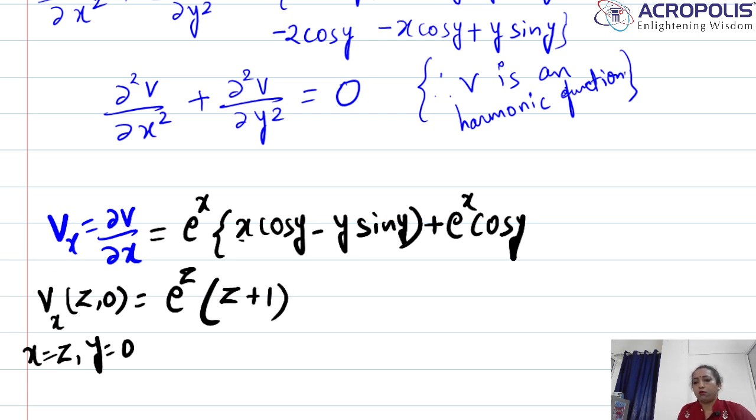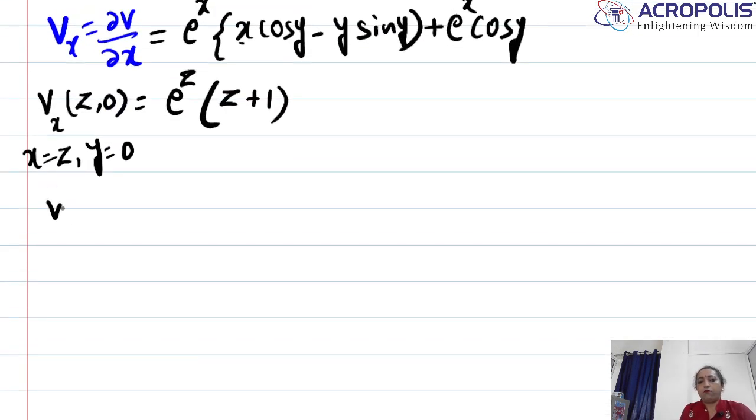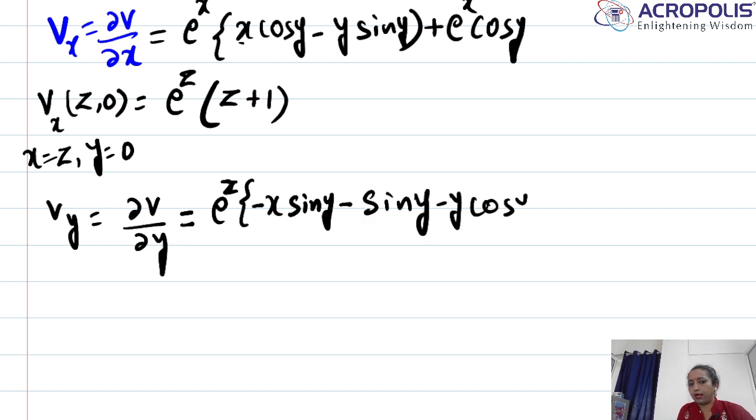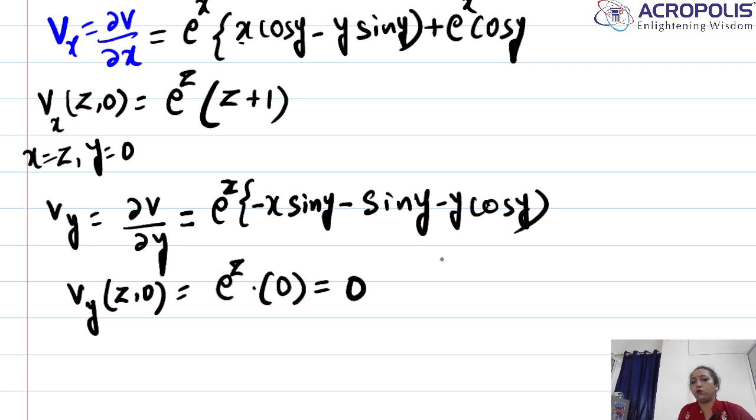Now I have written the value of vy, that is del v upon del y, which is equal to e to the power x (minus x sin y minus sin y minus y cos y). But we have to find the value of vy at (z, 0), that means x equal to z and y equal to 0. So we will get here e to the power z dot 0, which is equal to 0.